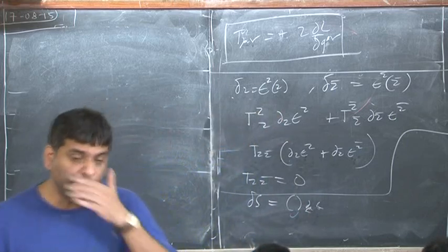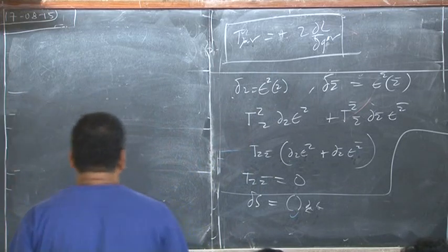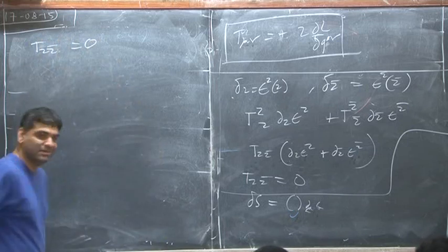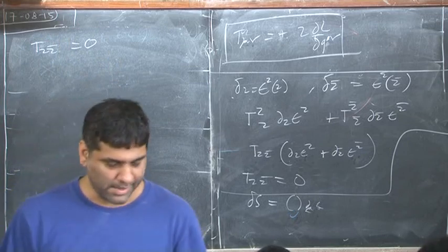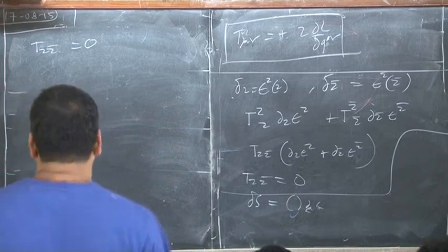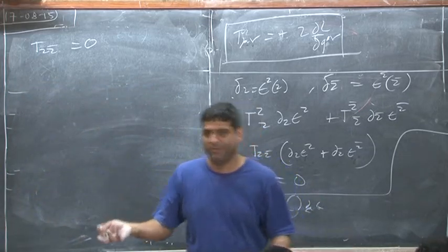Now what we want to do is to compute the Noether current. So now what we have is that T_{z\bar z} equals 0. This is of course a statement for insertions within path integrals, as always when we talk about operators.